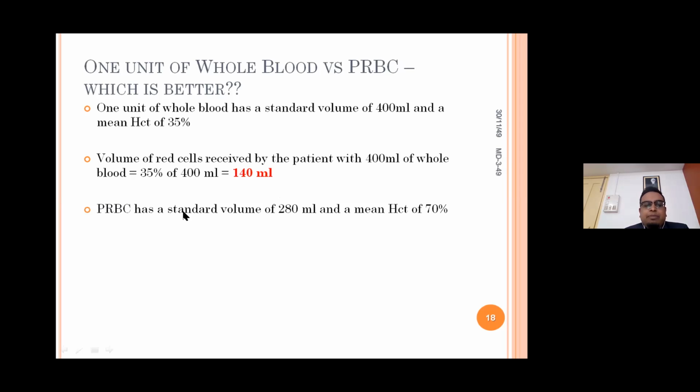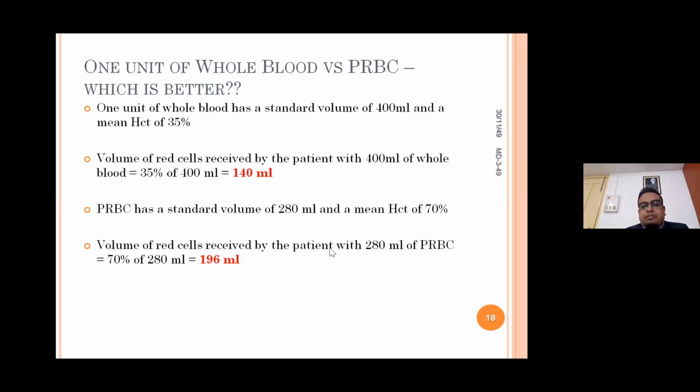On the other hand, the PRBC that we collect has a standard volume of 280 ml, and the mean hematocrit of PRBCs is usually around 70%. So the effective volume of red cells received by the patient with 280 ml of PRBC would be 196 ml, since 70% of 280 ml is 196 ml. When you transfuse a patient with 1 unit of PRBC instead of 1 unit of whole blood, you are effectively transfusing 196 ml instead of 140 ml.